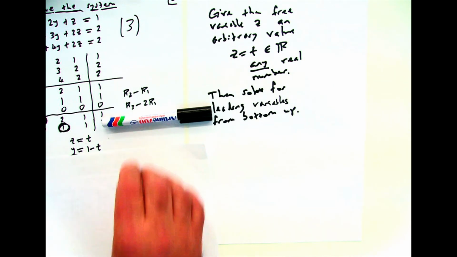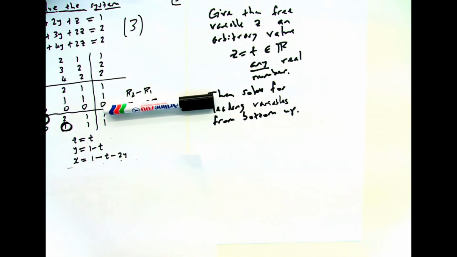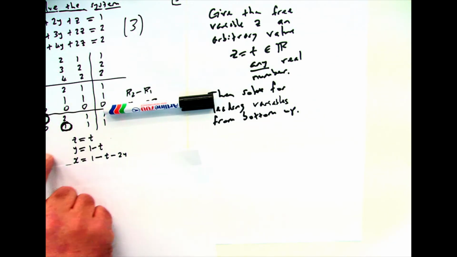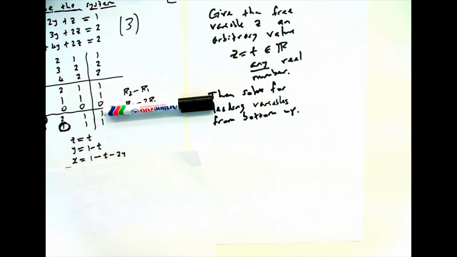And now we want to get x, so we go up to the next equation. We've got x is 1, so x is going to be 1 minus t, minus 2y. And then we substitute for y, because we know y is 1 minus t.